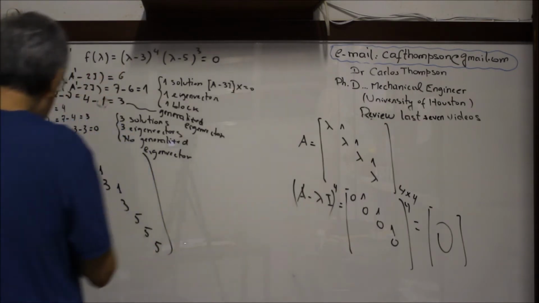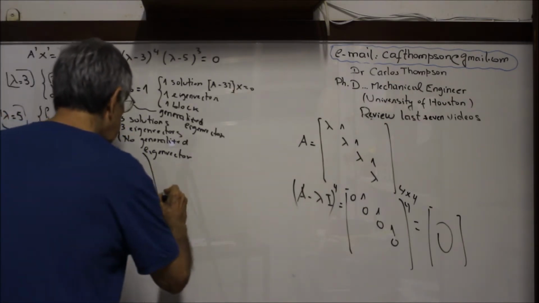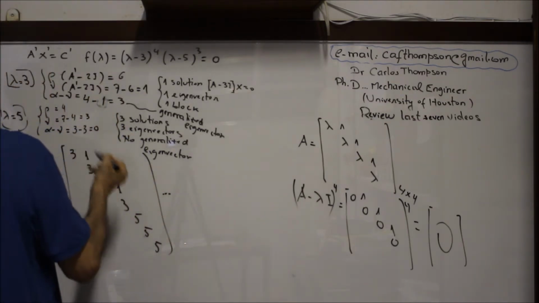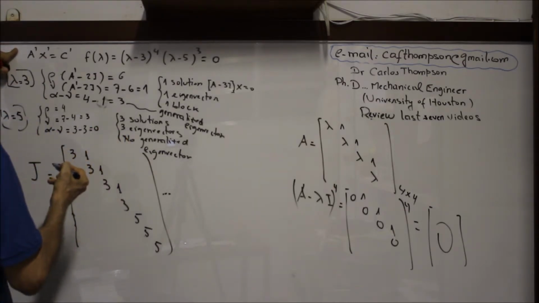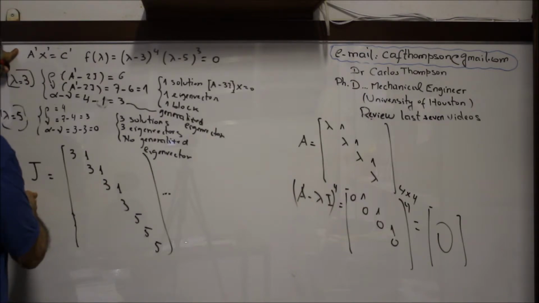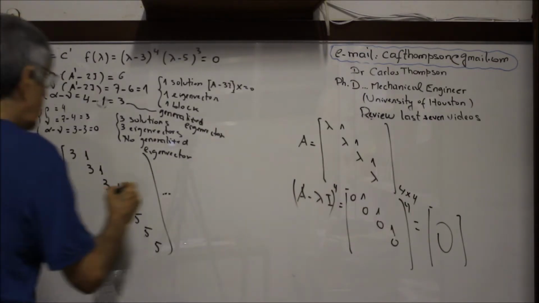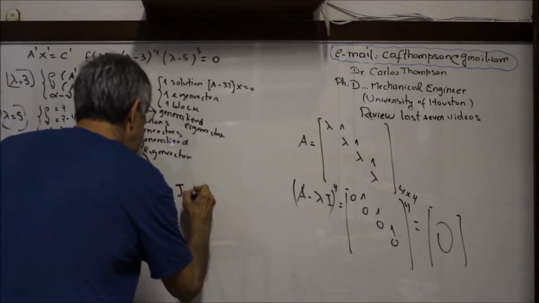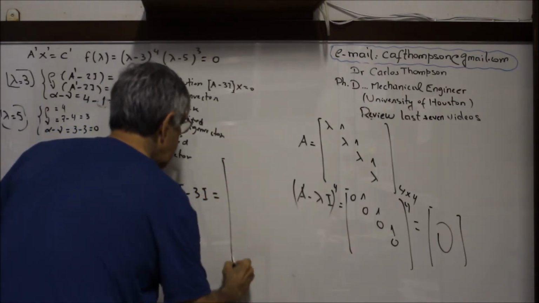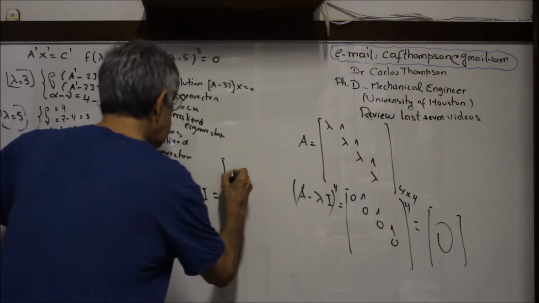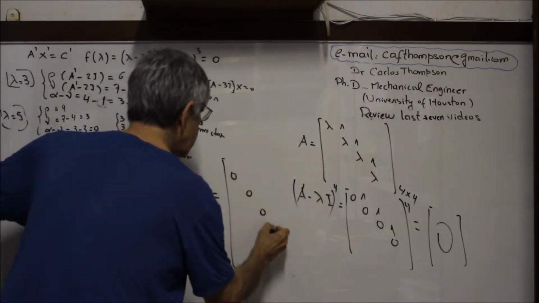Now, let's put here A prime minus 3I. Since A prime and J are similar, we can put here J minus 3I. Okay, let's see here. This will be 0, 0, 0, 0.